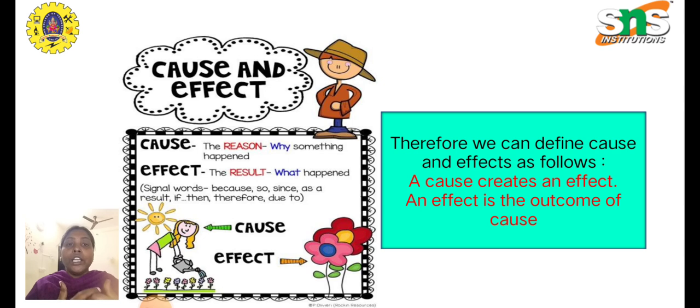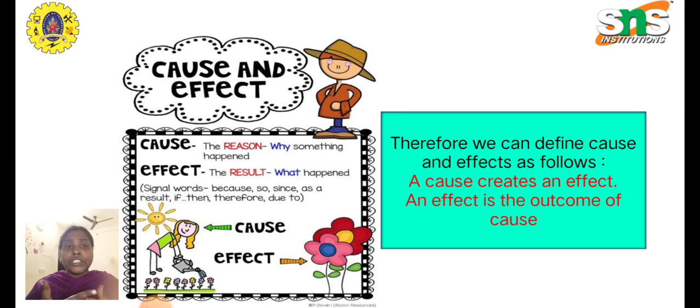For instance, you might be given two separate sentences and we have to use suitable expressions. Note it down, this is known as cause and effect expressions. These expressions will show the connectivity between the two given sentences.